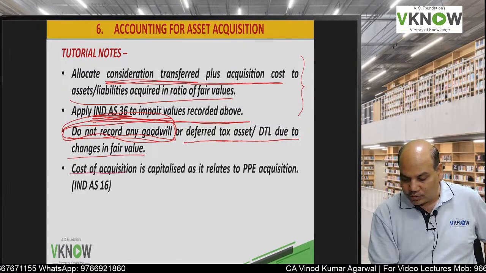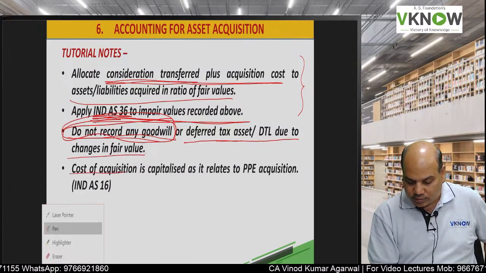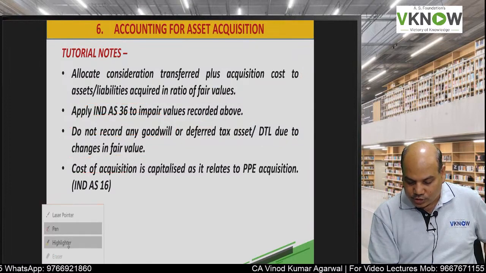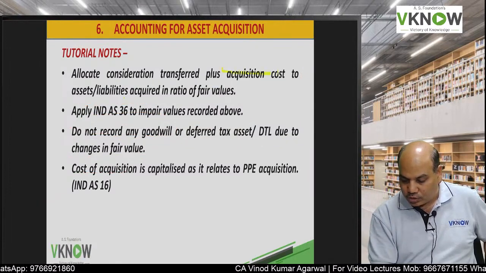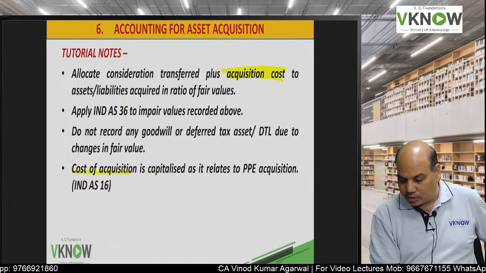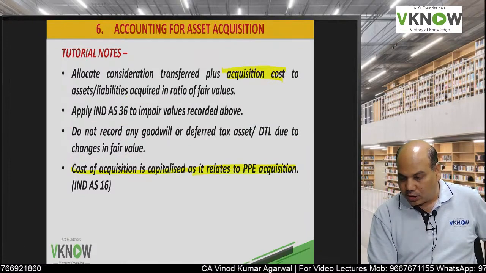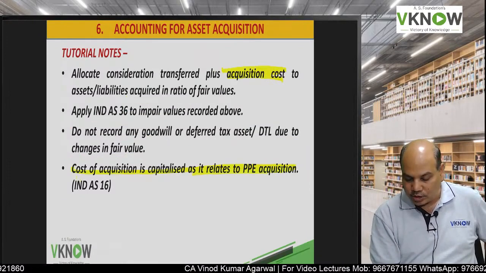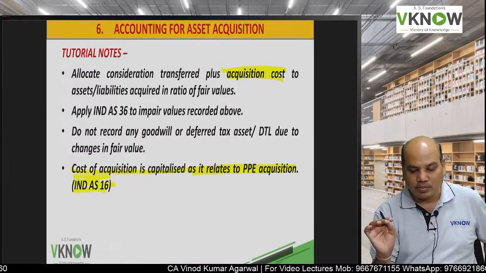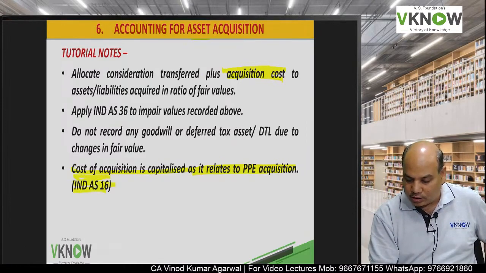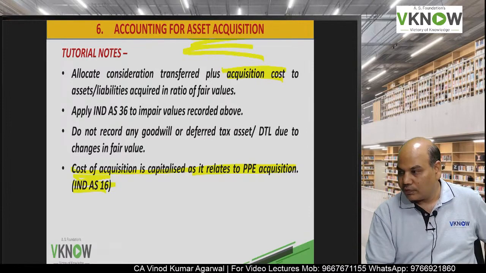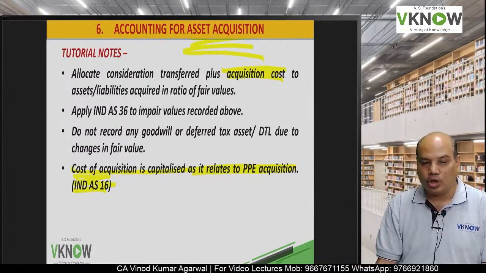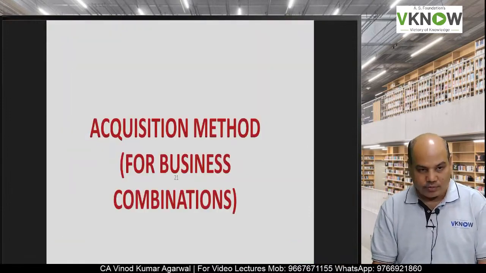Cost of acquisition. Some questions are coming. Why is cost of acquisition capitalized? Cost of acquisition is capitalized because it relates to PPE acquisition under Ind AS 16. Remember, what I am telling you right now is the accounting of asset acquisition, not business combination.